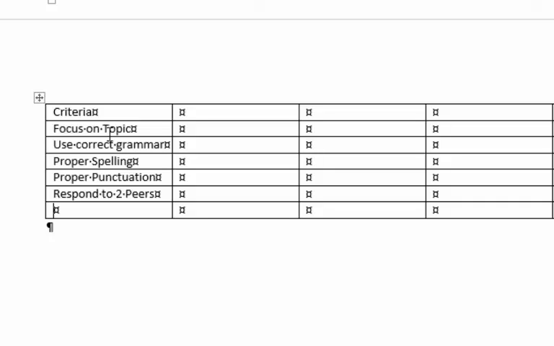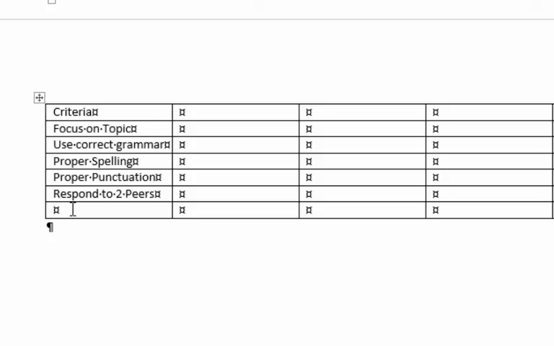Let's say that my purpose in having students do a discussion is to practice skills. So maybe now we're talking about topic sentences.